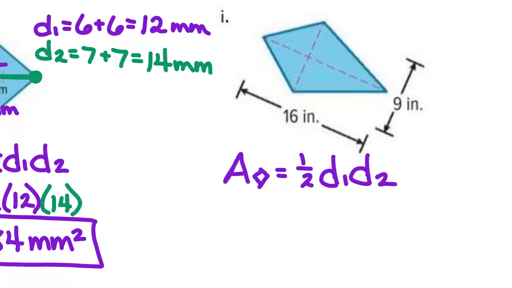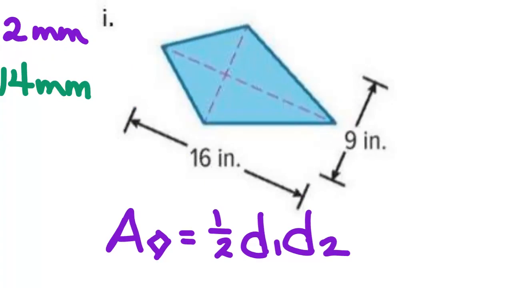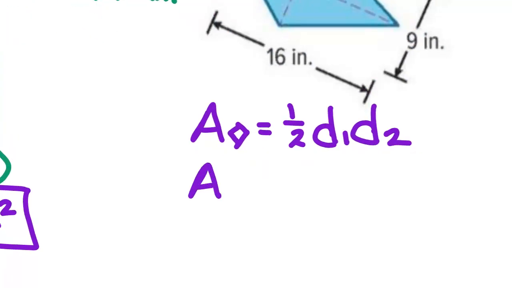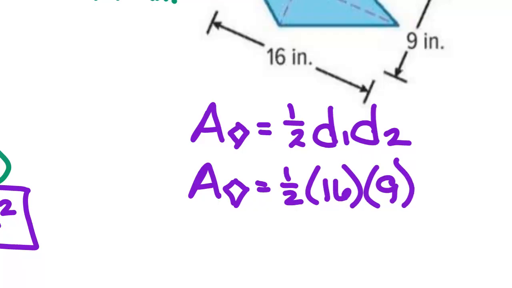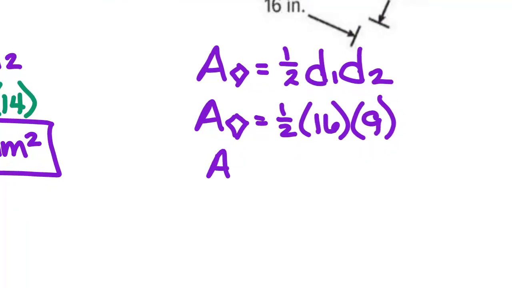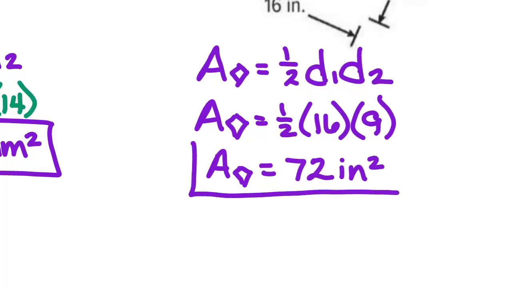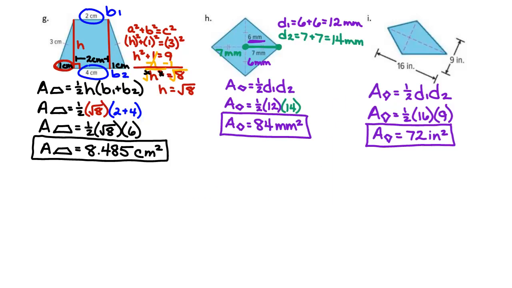How big are my diagonals? 16 and 9, and they're showing me from corner to corner, so I don't need to double it like I did on part H. So the area of this kite is 1/2 times 16 times 9, which gives us what? How much? 72. What kind of units should we put with that? Inches squared. 72 inches squared. Perfect. Absolutely beautiful.